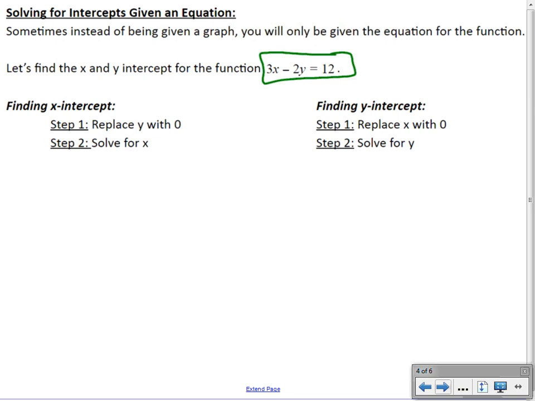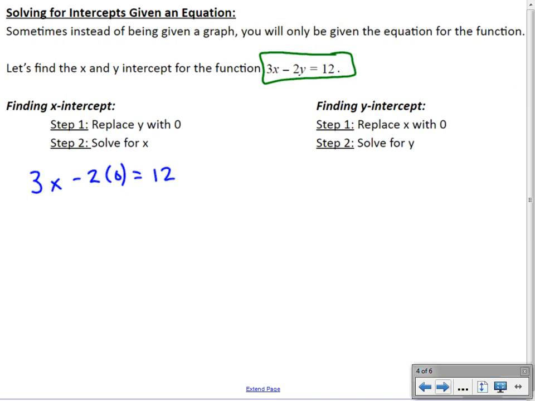So we're going to take our equation and plug 0 in for y. If we have a y value of 0, what's the corresponding x value for this equation? So we plug in 0 for y and we solve.